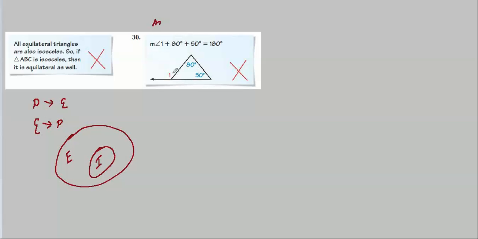That's the exterior angle: the measure of the exterior angle equals the sum of the measures of the two opposite interior angles. So he might have been thinking of that one, which is the measure of angle 1 equals 80 plus 50. That would be true.